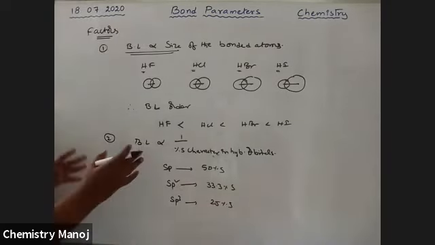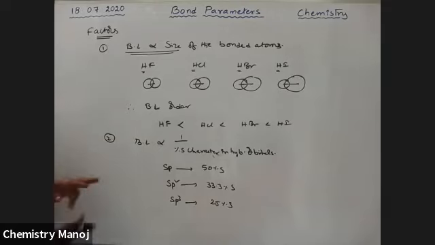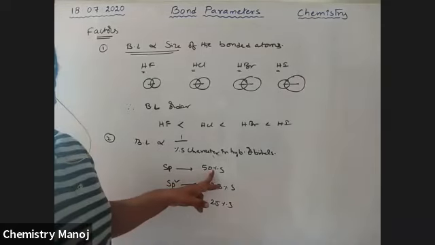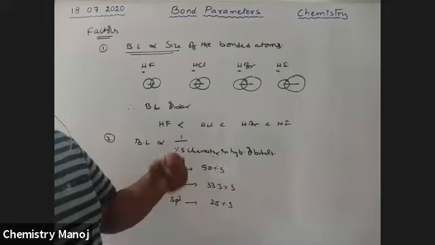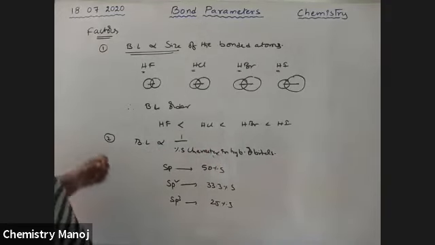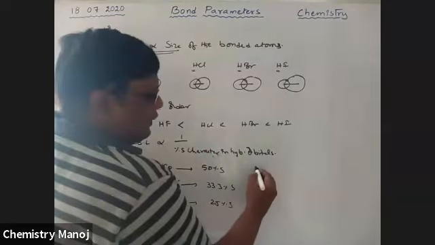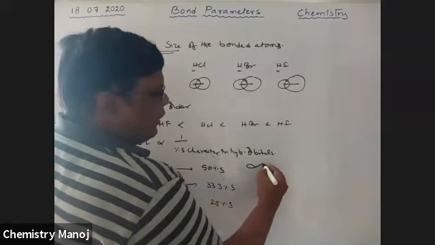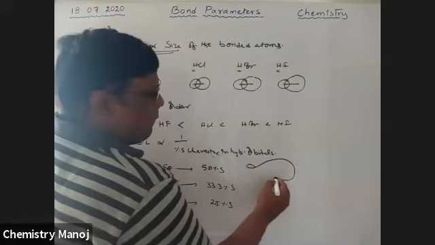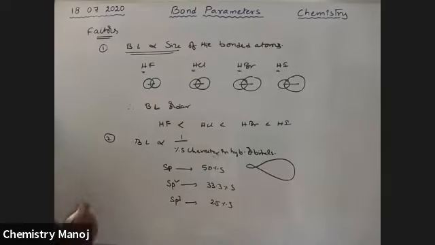As the S character is more, and since the S orbital has a spherical nature, our hybrid orbital also has a more spherical nature. See here, hybrid orbitals are indicated with one small lobe and one big lobe.